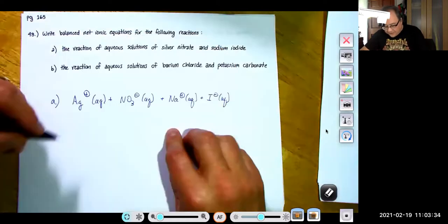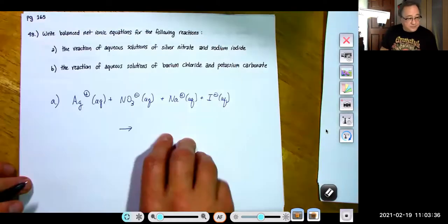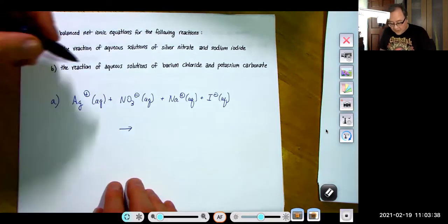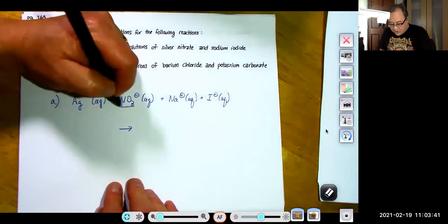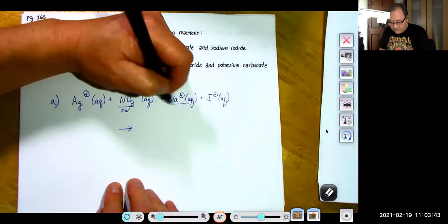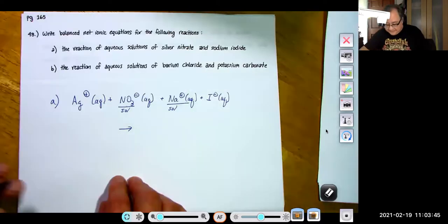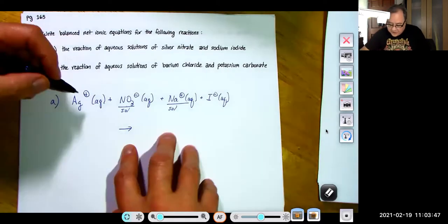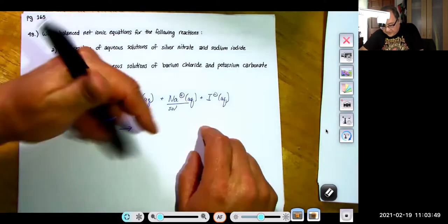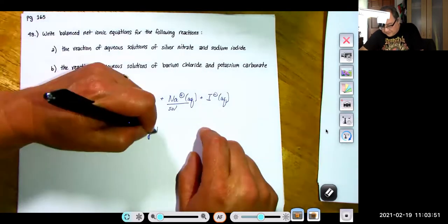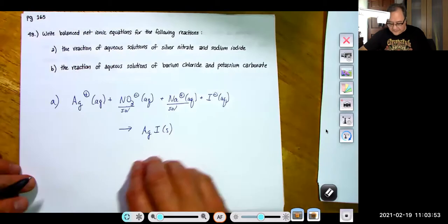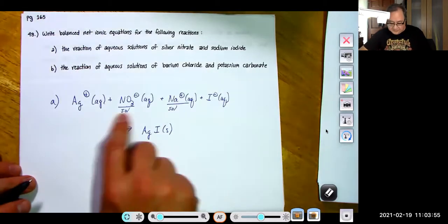And when I'm trying to figure out the precipitate, what do we say? Well, this guy's always soluble and this guy's always soluble, so it's not part of the precipitate. So that means it must be these two, which is AgI.